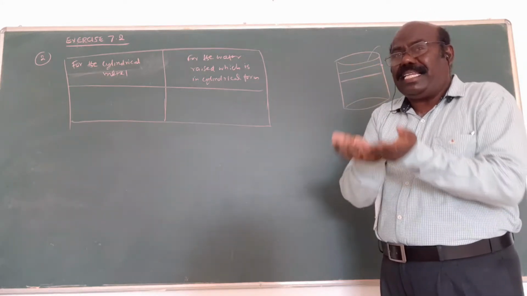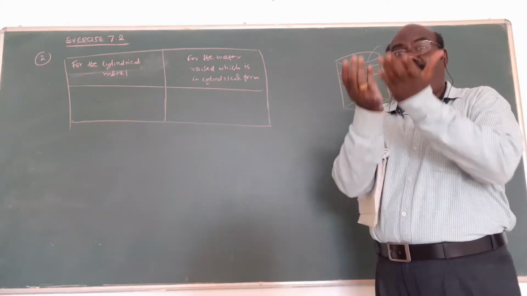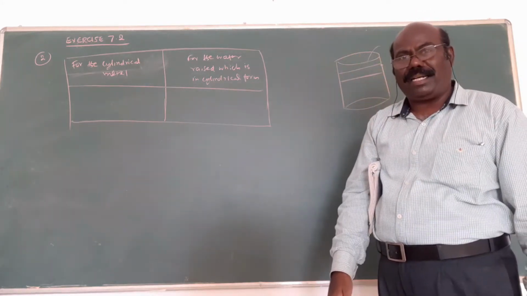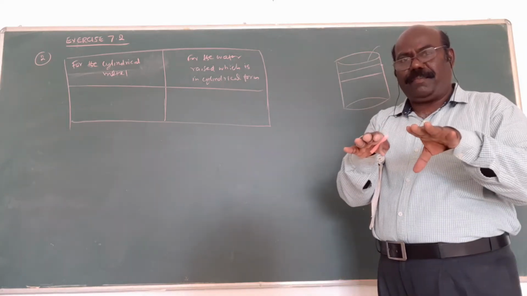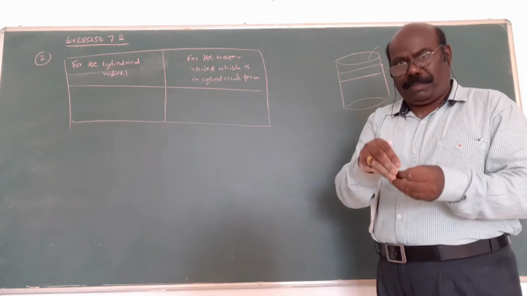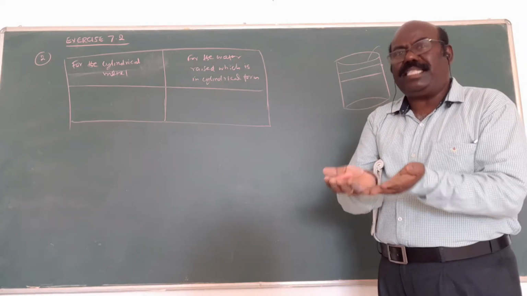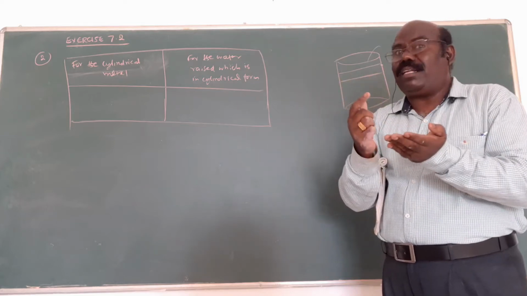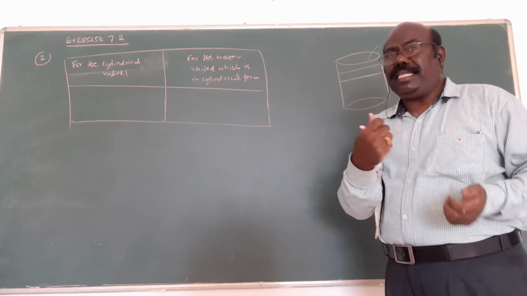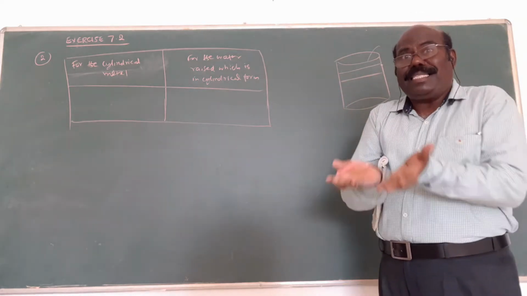The water level increasing is also in the form of a cylinder. Am I right? Suppose you drop any metal piece, the water level rises, and the risen level of water is also in cylindrical form.